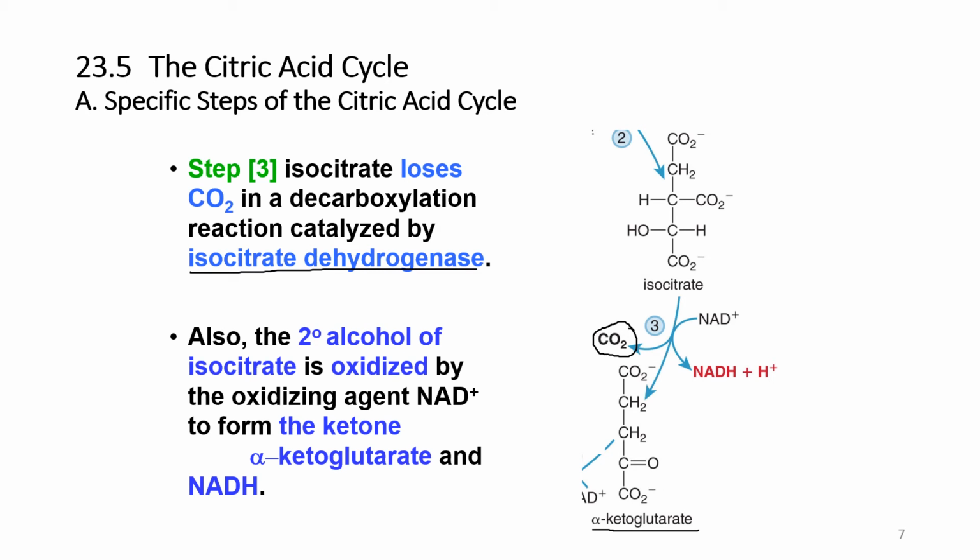So 2 hydrogens are lost to reduce that NAD+. So the secondary alcohol of isocitrate is oxidized by NAD+ to form a ketone. So now we have a ketone, or carbonyl group, here in our 5-carbon molecule.